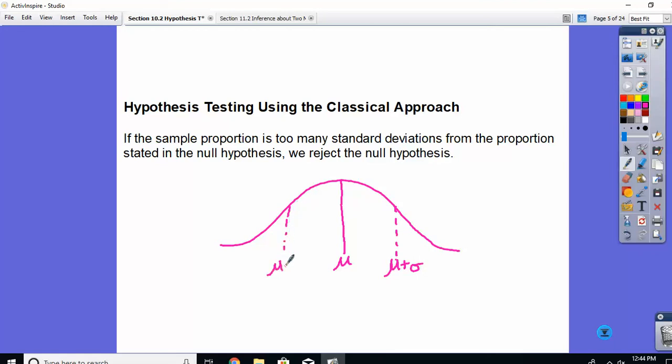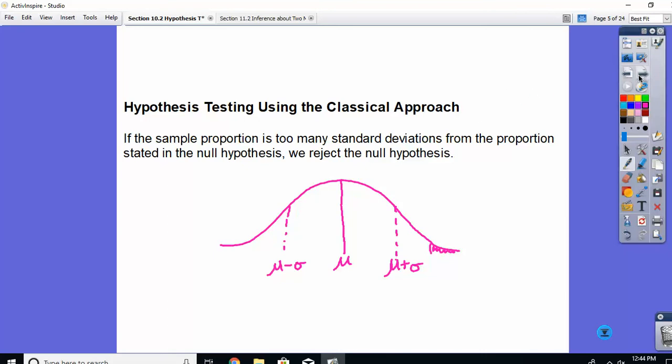As you get further away, what happens to the probability of things happening? If I think about the probability out here, that gets smaller and smaller, right? So if you're too far away from the mean, then we would reject. If you're close, then it's still likely we wouldn't.